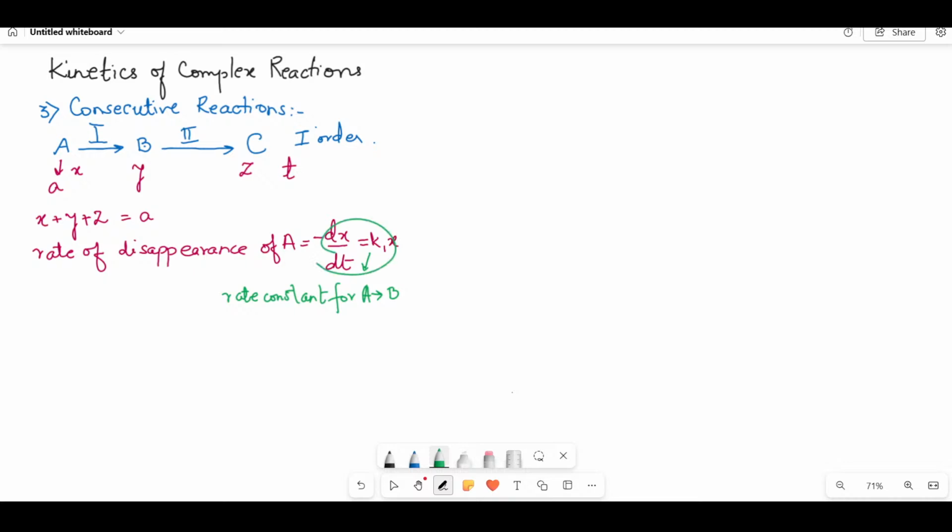Now this equation can be written as minus dx by x is equal to k1, move this here, dt.